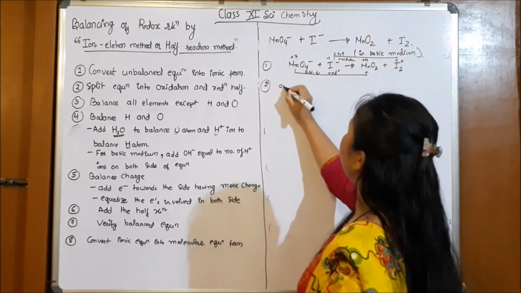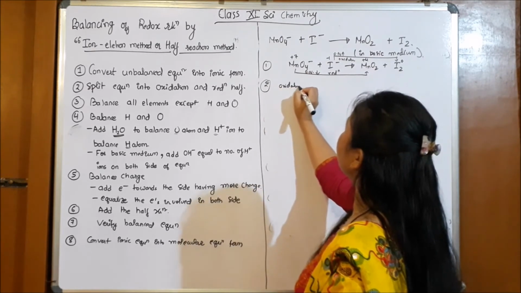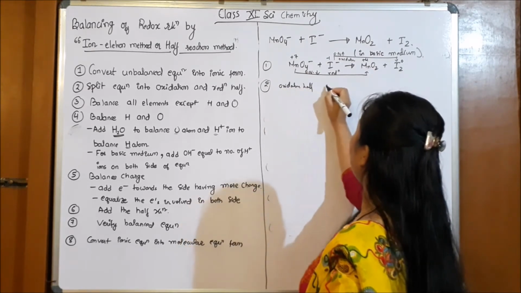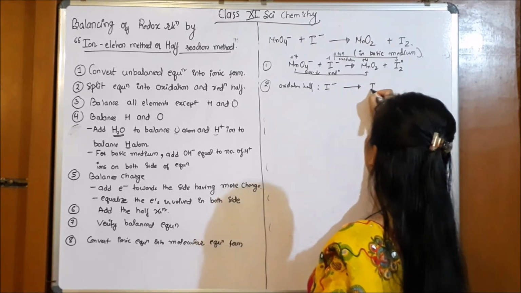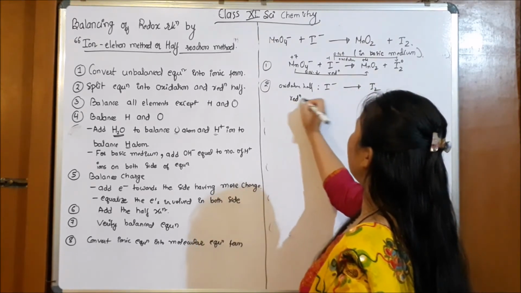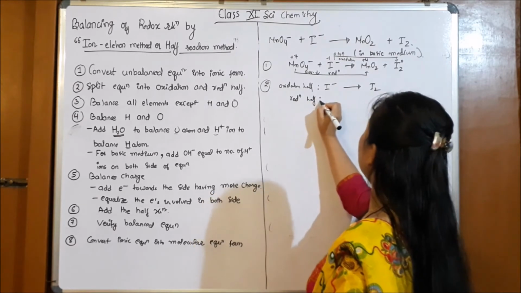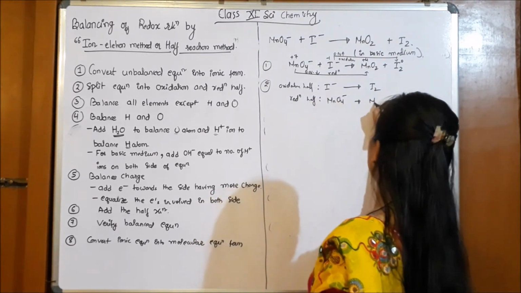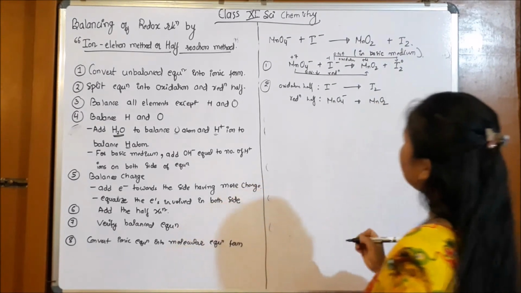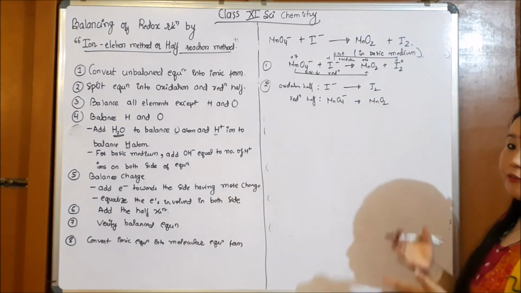So oxidation half के हो I minus to I2 and reduction half it is MnO4 minus to MnO2. ठीक है sir.